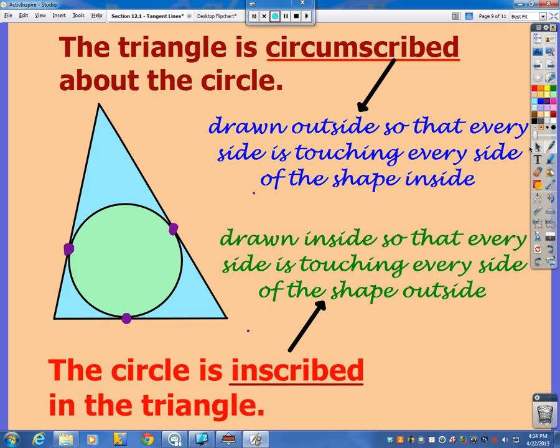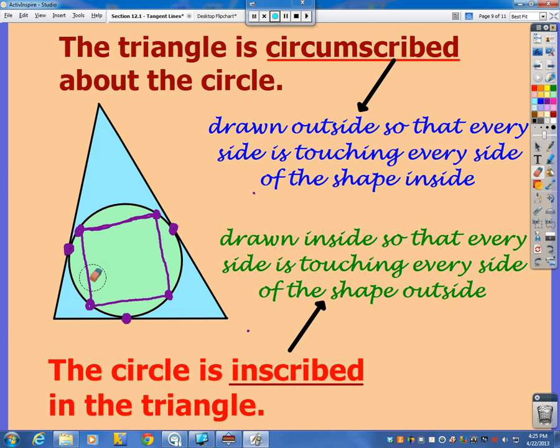Okay, now I could, for example, inscribe a square in a circle so that each corner is really touching the circle at exactly one point. So it doesn't have to touch each side.